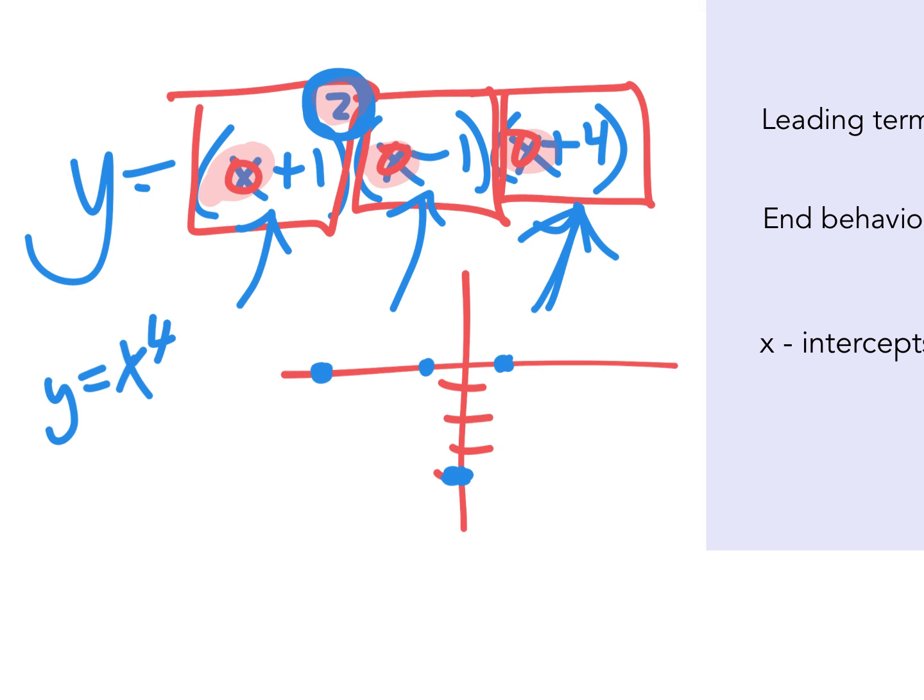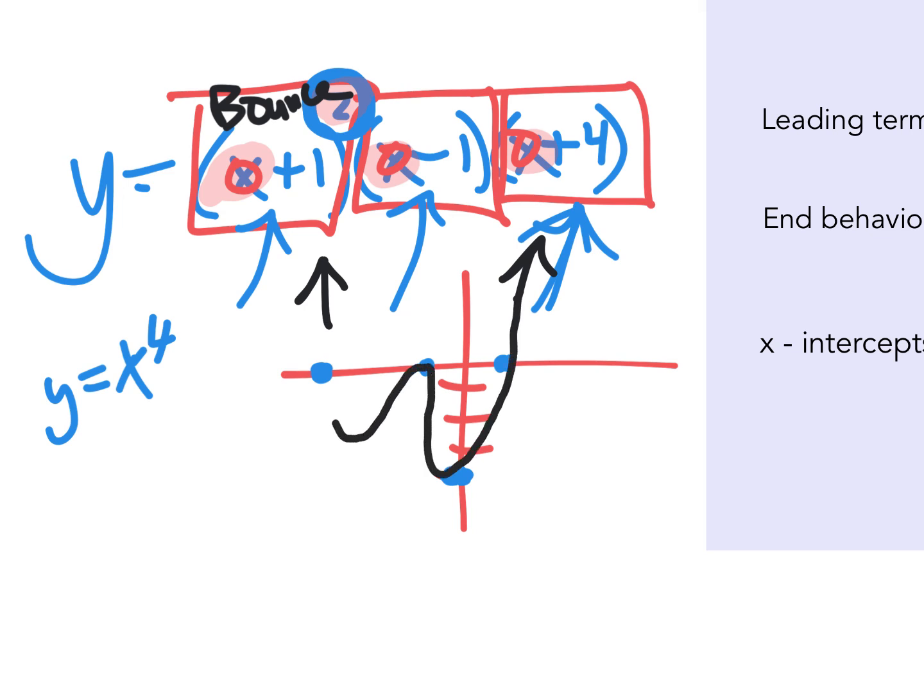So that tells me it's up on both ends. It's got to be going up here and here. And then it's got to bounce at only one spot. It bounces here at -1. So I'm going to go down here, through there, bounce at -1, and look at how perfect that worked out.